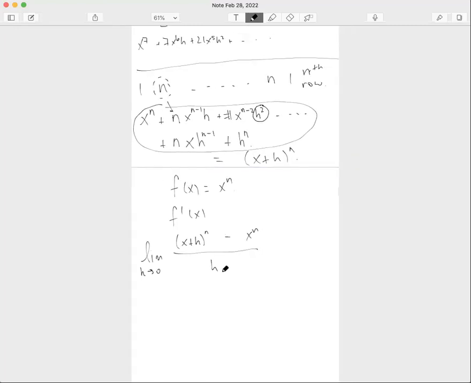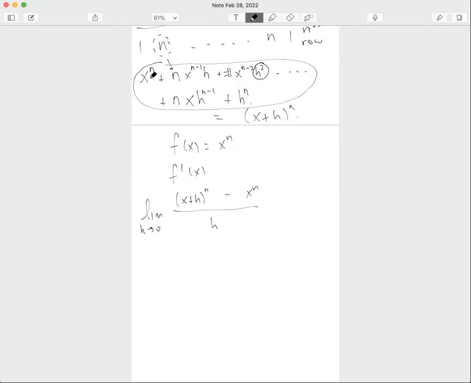Okay, so let's plug this in. What I get is x to the n plus n x to the n minus 1 h plus something x to the n minus 2 h squared plus stuff.